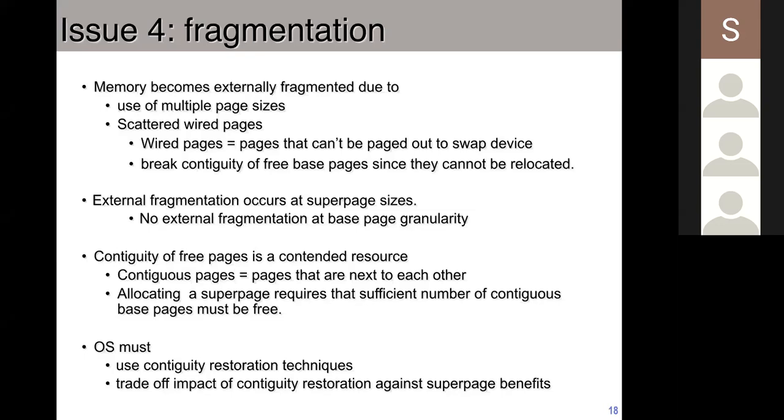So all the base pages in a super page should belong to a process. Now, you can share pages using shared memory between processes, but that means you're going to share the entire super page. You can't have part of a super page belonging to one process and part of it belonging to another one. So does that make sense? Okay. All right. Any other questions?